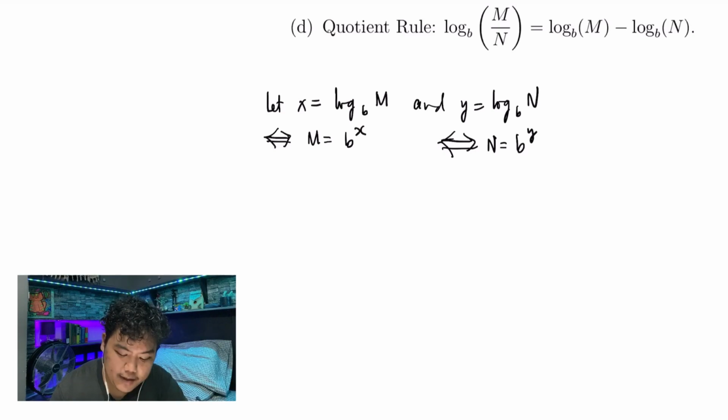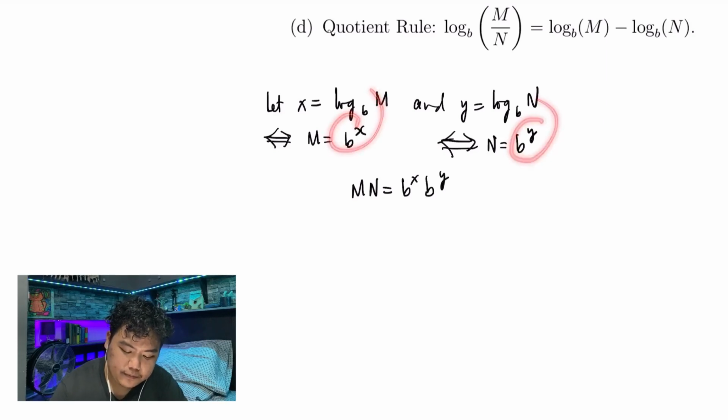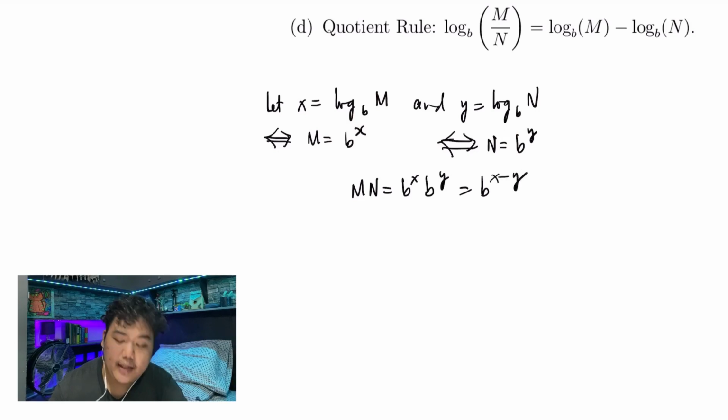And what happens if we multiply m times n? We get b raised to x times b raised to y, which is b raised to x plus y, by the laws of exponents. When we multiply the same base, we just copy the base and add the exponents.